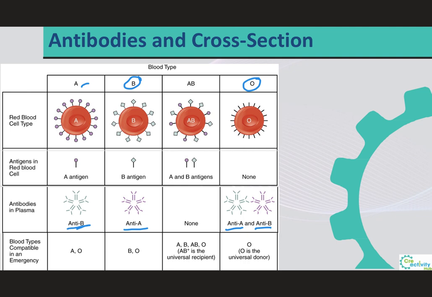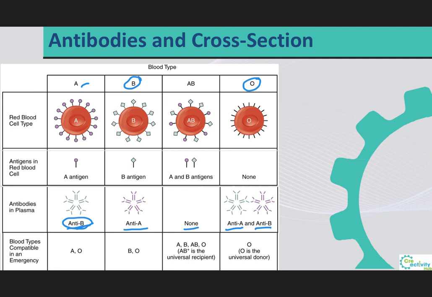However, the plasma of a type AB individual contains neither anti-A nor anti-B antibodies. And this is going to be important when you're trying to do blood transfusion. And this will happen even if the person has never been exposed to a different blood type. In other words, if a type A person has never been exposed to type B blood, the individual will still have anti-B antibodies in the plasma.